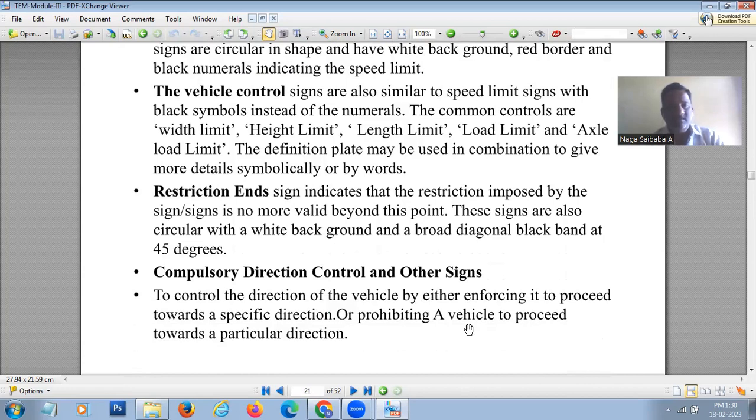Next, compulsory direction control and other signs. This type of sign is provided to control the direction of the vehicle by enforcing it to proceed towards a specific direction. Go in this particular direction only. Like that, if you want to give information, this type of signboard you have to provide.